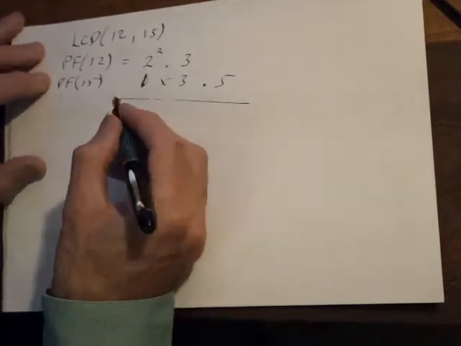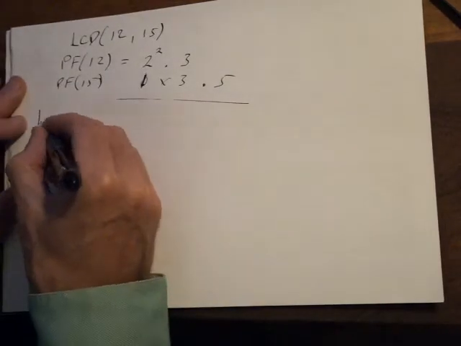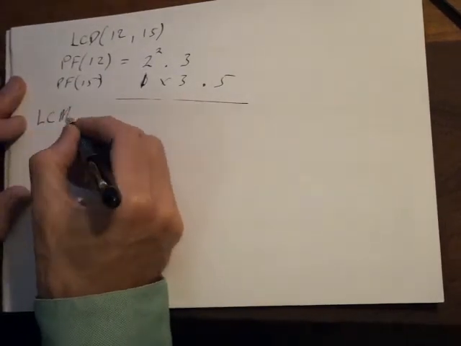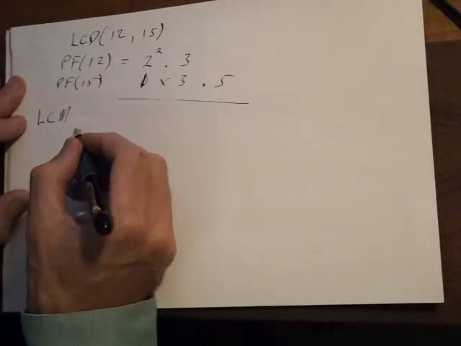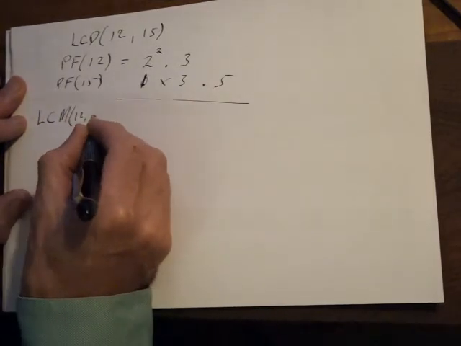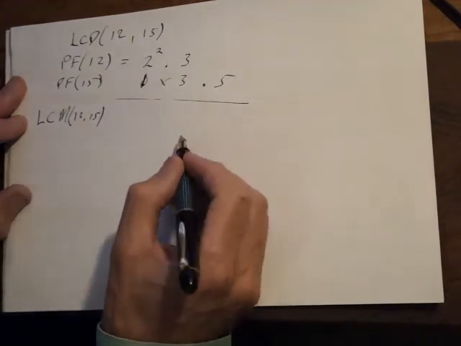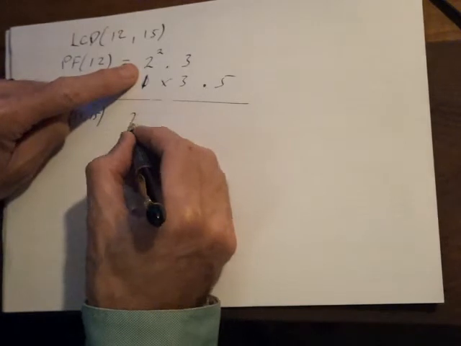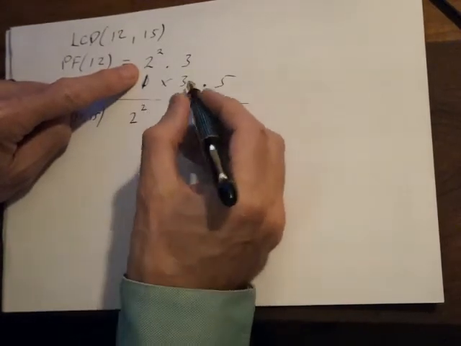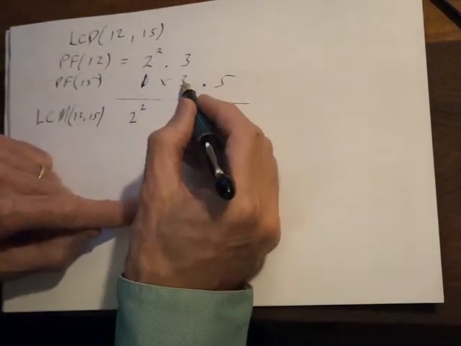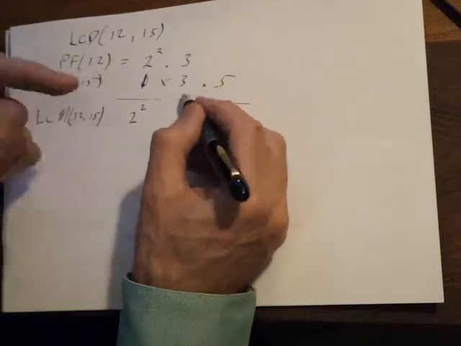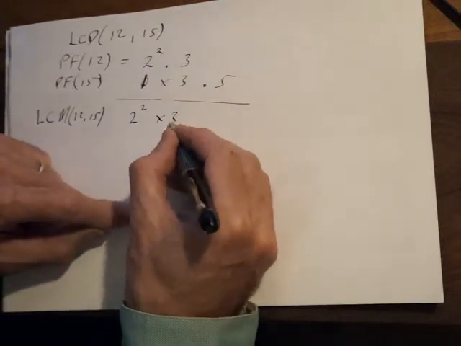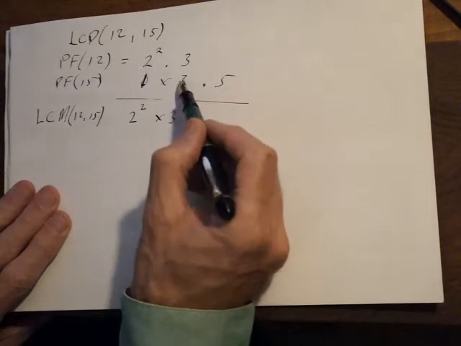And if we look at that, what we do to find the lowest common multiple, or the lowest common denominator, of 12 and 15 is we take the greatest number of factors of 2, which is 2 squared, times the greatest number of factors of 3. Well, there's a 3 there and a 3 there, so it's just 3. We don't have to add them up, just choose the biggest one of those.